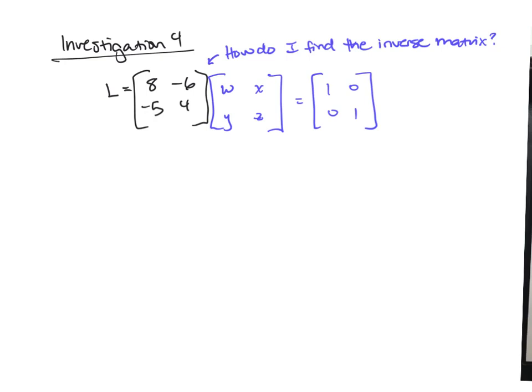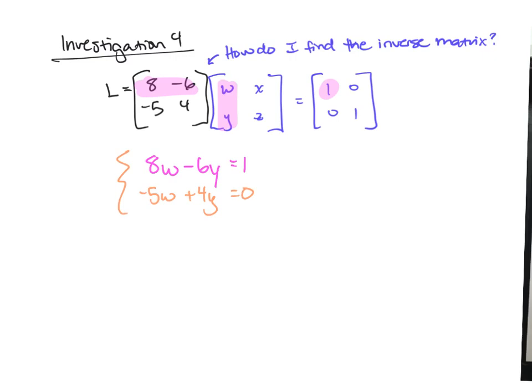Because if we multiply here, so we'd have this by this, and gets us this. So I'd get 8w minus 6y is equal to 1. And then similarly, I could get negative 5w plus 4y is equal to 0.